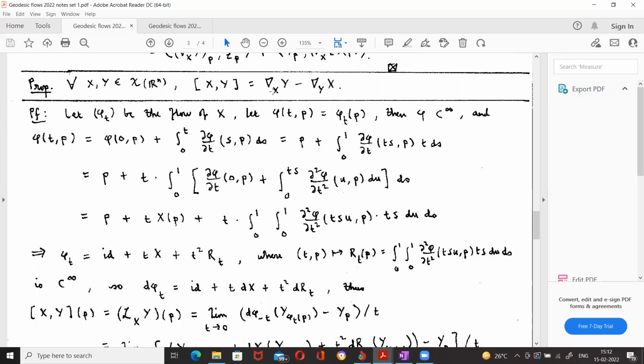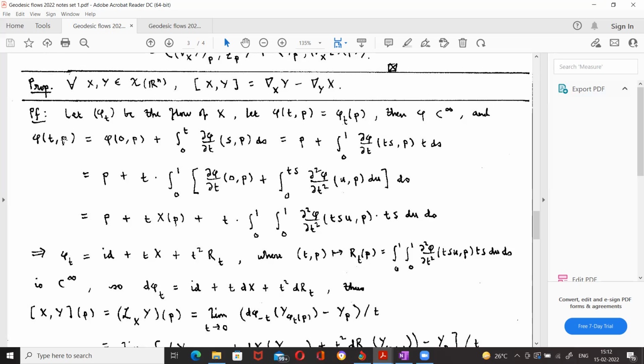So let's do the proof. Let φ_t be the flow of X. You think of this as a function of two variables, a real variable t and a variable p in Rⁿ. So φ(t, p) is the function φ_t(p). Then this map φ as a function of (t, p) is C^∞.